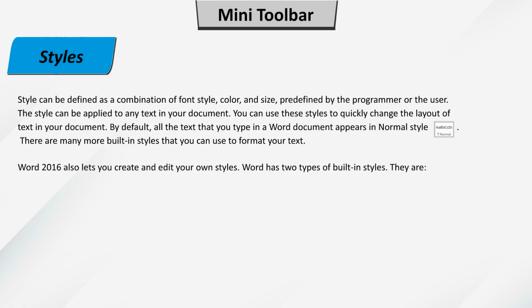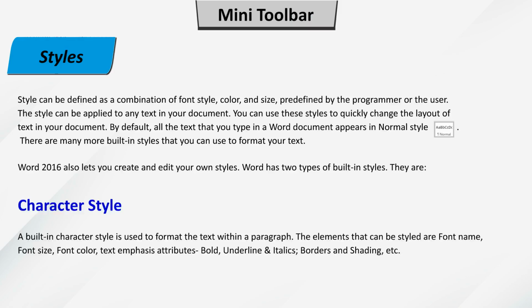Word has two types of built-in styles. They are character style. A built-in character style is used to format the text within a paragraph. The elements that can be styled are font name, font size, font color, text emphasis, attributes, bold, underline and italics, borders and shading, etc. Paragraph style.